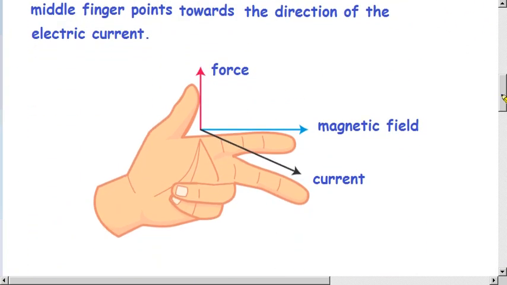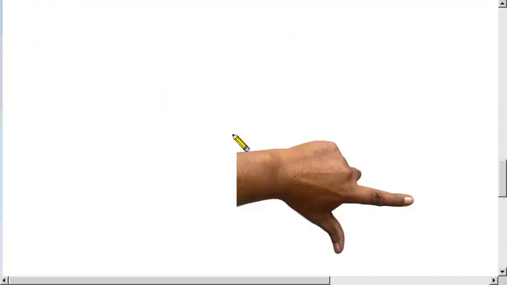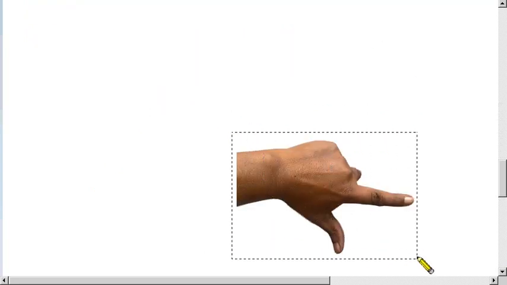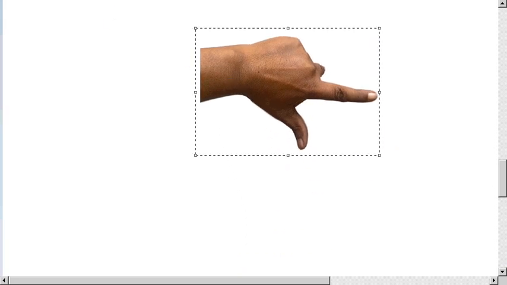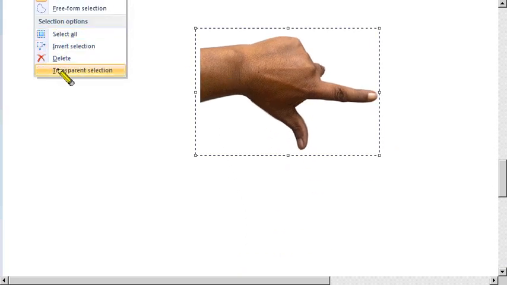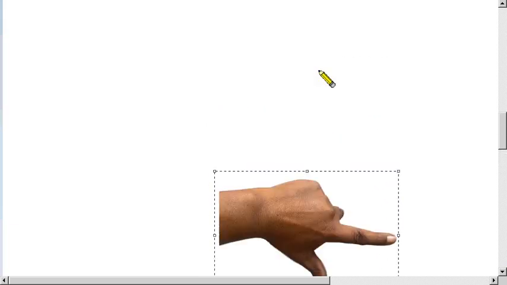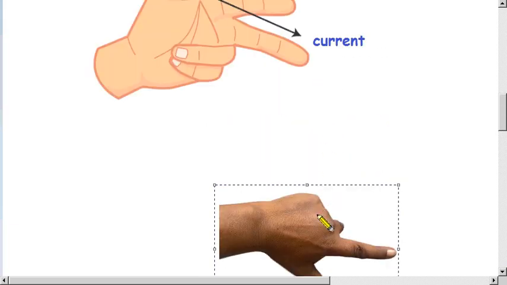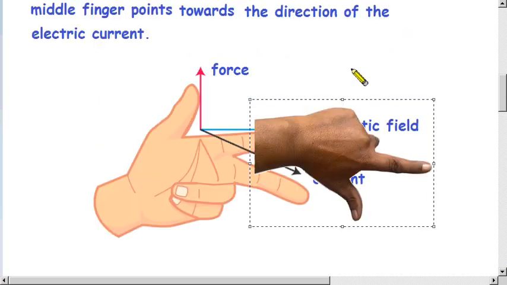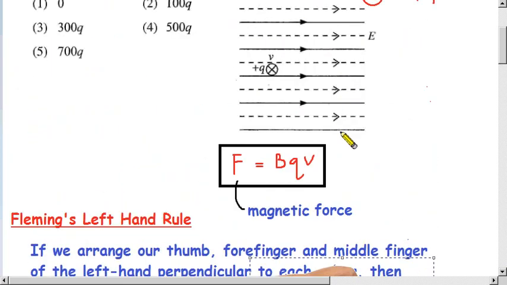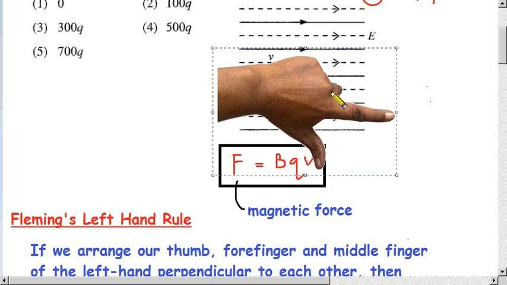So let us use our hand, not this one. I have arranged a hand which is suitable for our diagram. Because I can't rotate this figure, therefore I have a hand like this.